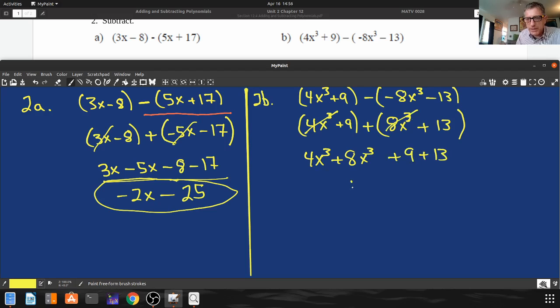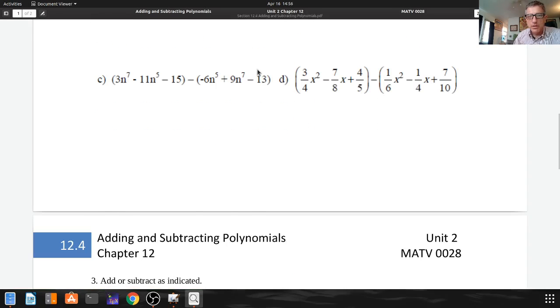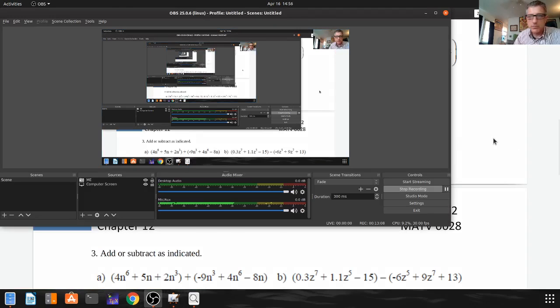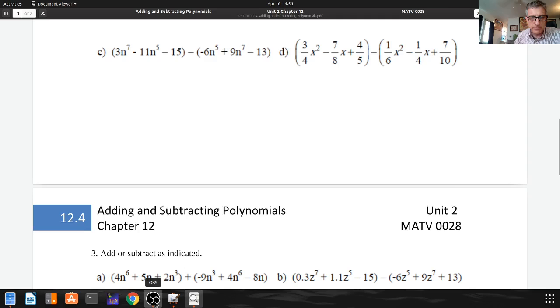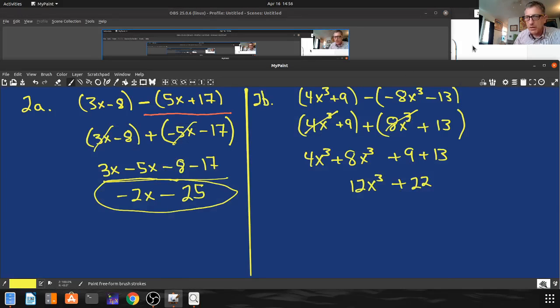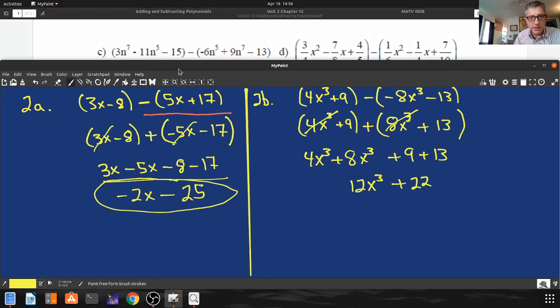So 4 plus 8 is 12, so that's 12x cubed, and 9 plus 13 is 22. Oops, wrong one. I'll eventually get it right.